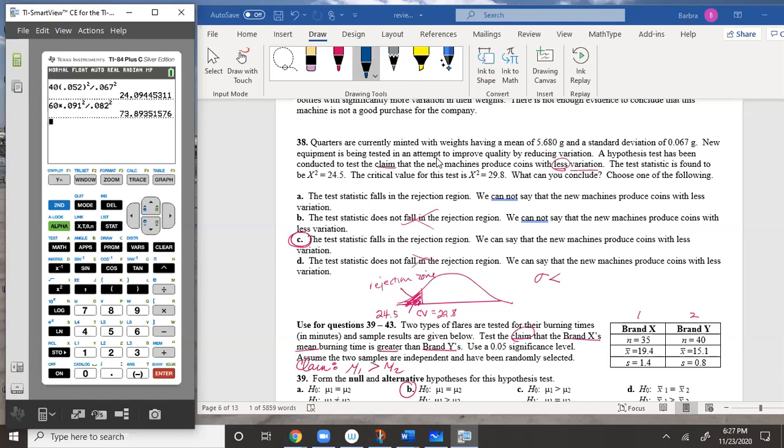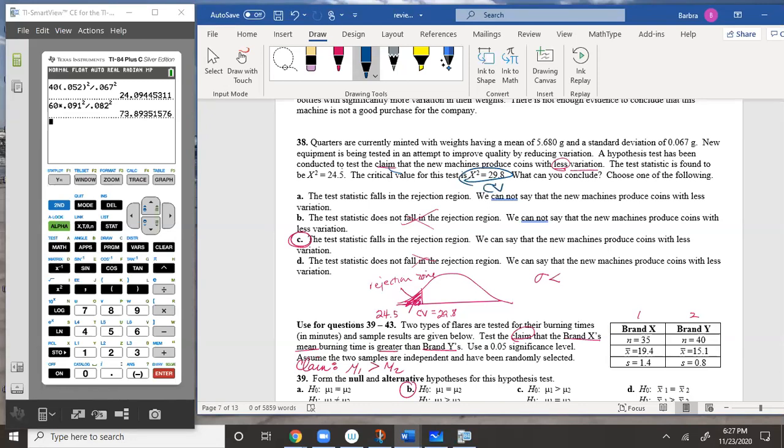A hypothesis test has been conducted to test the claim that the new machines produce coins with less variation. The test statistic is found to be chi-squared equals 24.5. The critical value is chi-squared equals 29.8. What do you conclude?